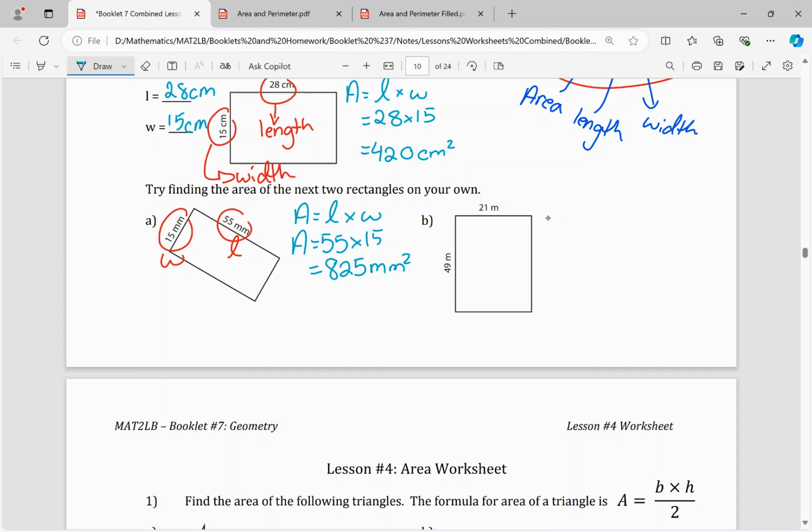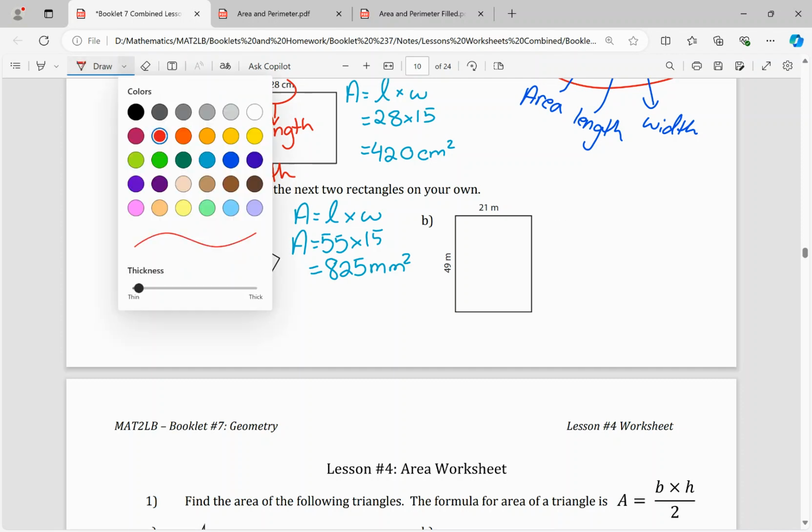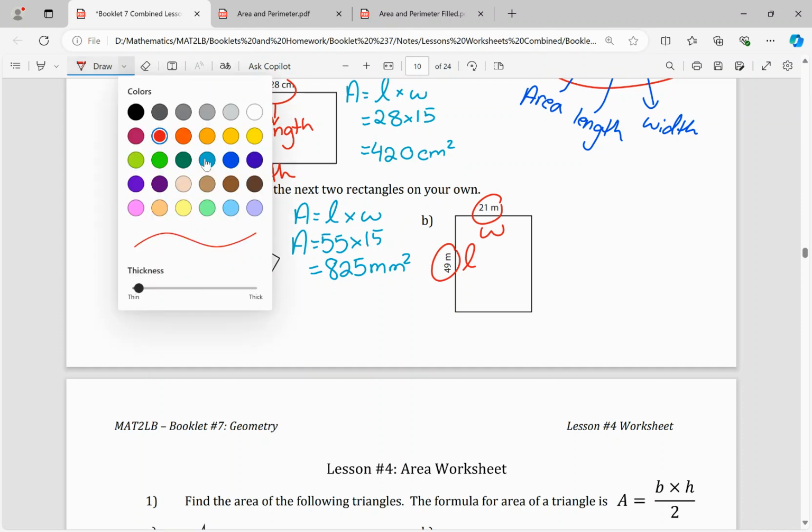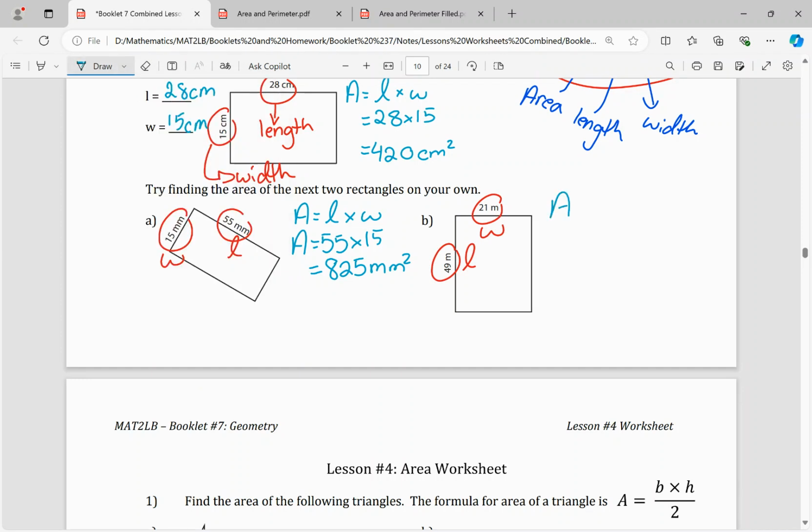In example B, our length is going to be 49. Our width is going to be 21. So when area equals length times width, that is equal to 49 times 21, which, using a calculator, gives us 1,029 meters squared.